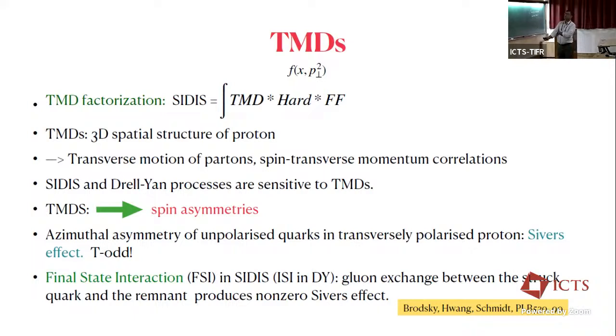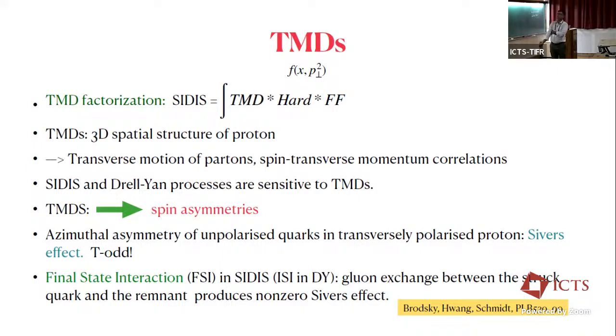TMDs encode three-dimensional spatial structure of the proton because they are functions of transverse momentum. Not only spatial structure, they also encode information about transverse motion, spin-transverse momentum correlations, and so on.